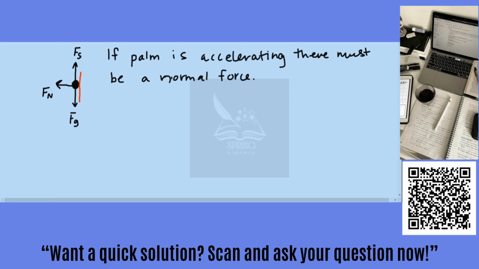Okay, so the condition here in order for the object not to fall is to have some minimum acceleration that provides a great enough normal force. So the condition is a minimum amount of acceleration.